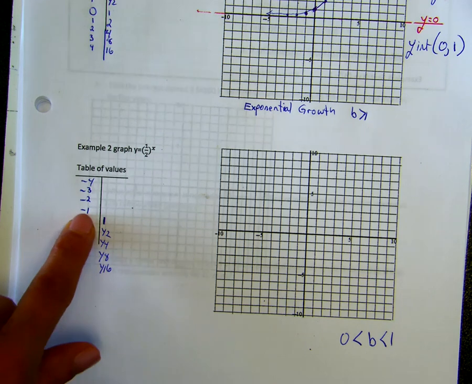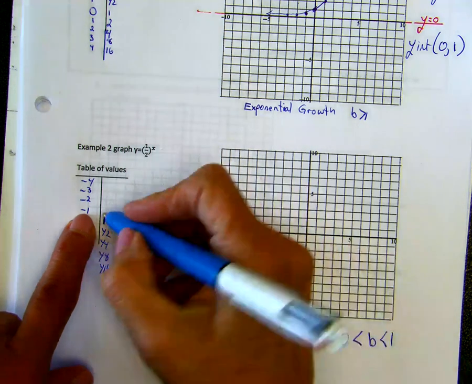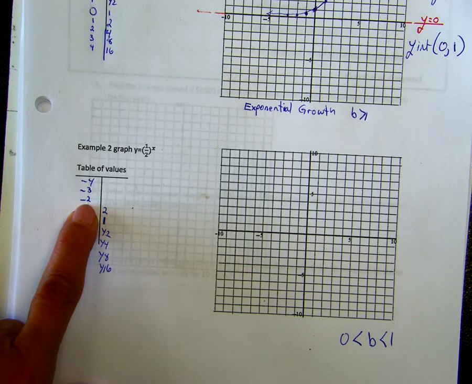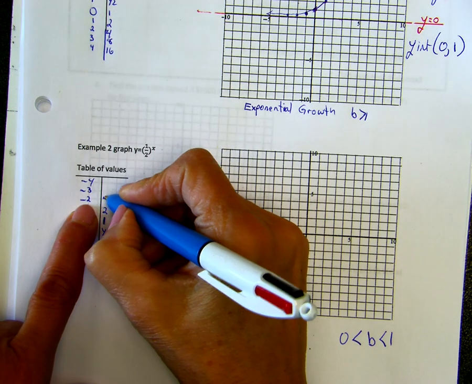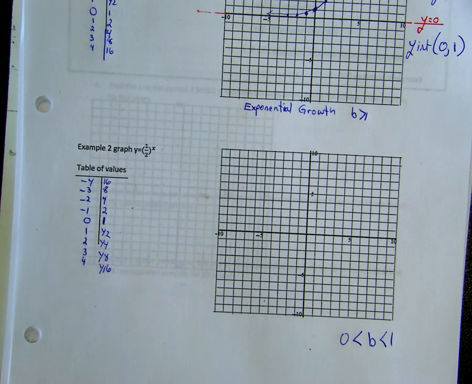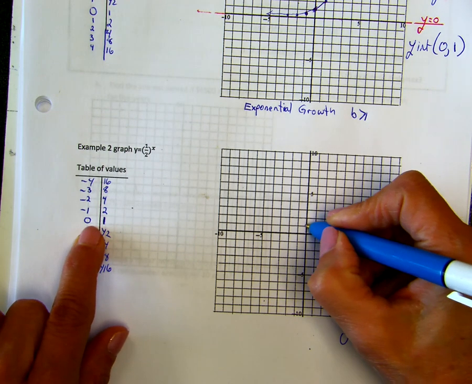What if I take 1/2 to the power of -1? It means flip the base. You get 2 to the power of 1. 1/2 to the power of -2. Flip the base. You get 2 squared. 2 cubed, 2 to the 4th, etc. Okay, so let's plot these points. Starting at x is 0, y is 1.